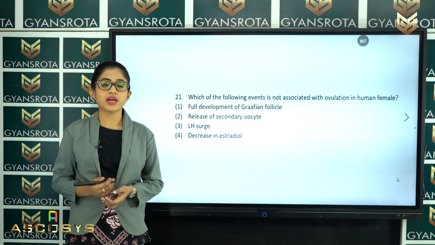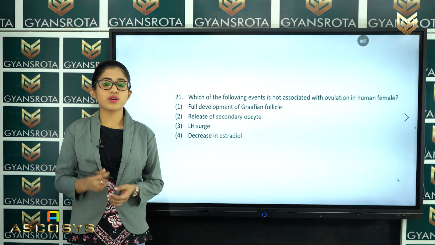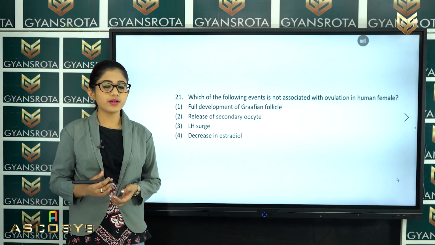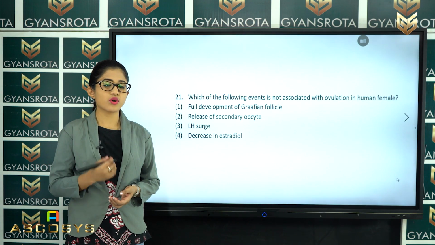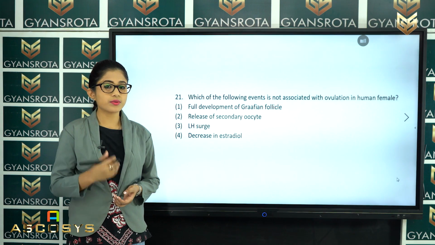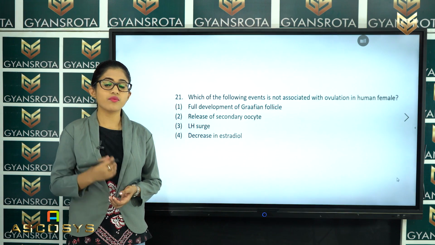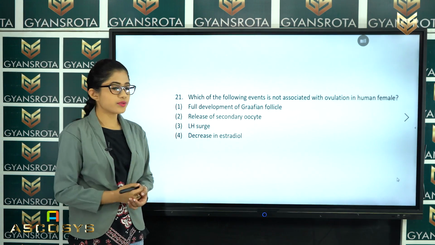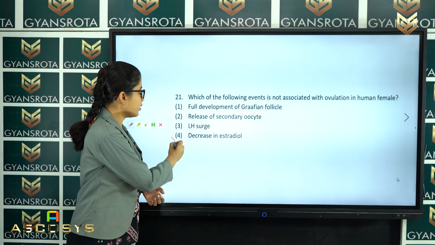So, this is from the chapter Human Reproduction. In the discussion of the menstrual cycle and the human female reproductive system, we have talked about this. Among these 4 options, you have to choose the option which is not associated with ovulation in human female. So, from these 4 options, option number 4 is the correct answer.